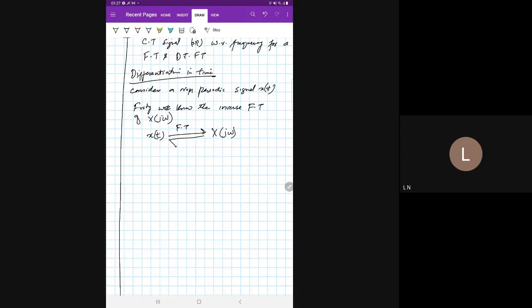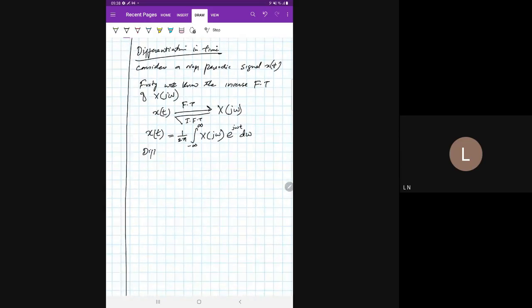If we take the inverse Fourier transform of X of j omega, we obtain x of t, and it will be equal to 1 by 2 pi, this is the general formula, integration from minus to plus infinity X of j omega e raised to power j omega t d omega.